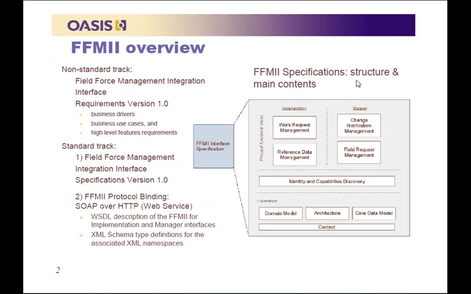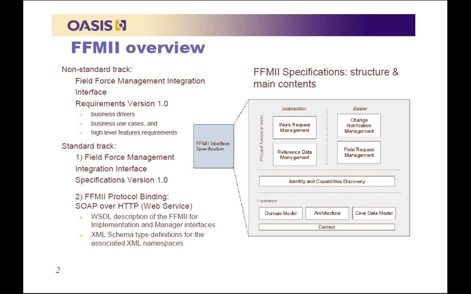The overview of our work package, we divide into two parts. The first part is what we call in OASIS the non-standard track. Basically, it's a document that covers all the business use cases, the motivation, and some of the high-level features. We capture all of those, and we also develop requirements from a business side and also from a functional feature side.